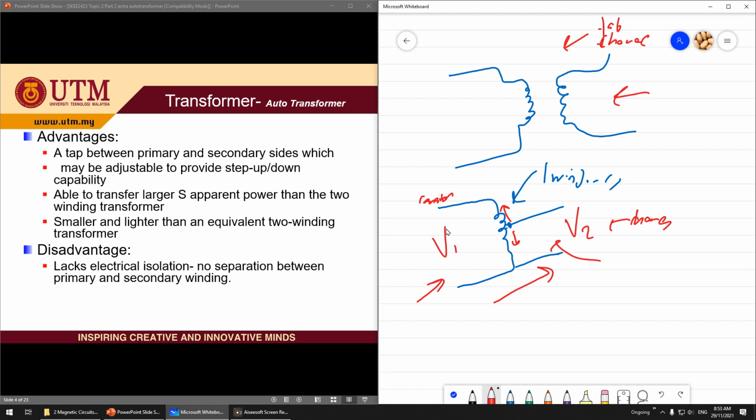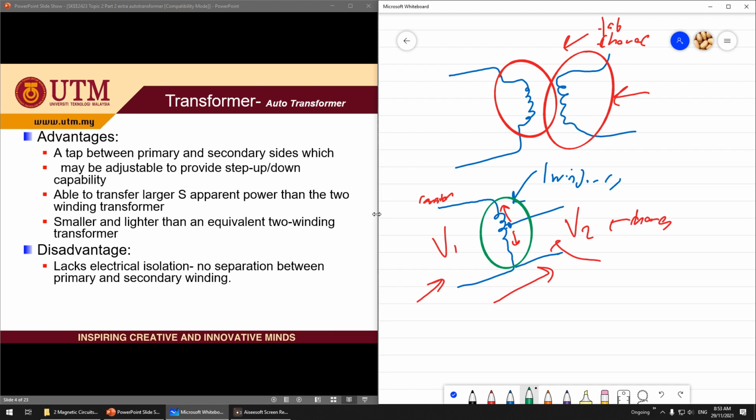Okay, and also it is smaller and lighter than the equivalent two winding transformer. You can see here you have first winding and second winding, but this one you only have one winding, so it is much smaller and lighter. But the limitation of auto transformer is that you don't have any electrical isolation between primary and secondary.